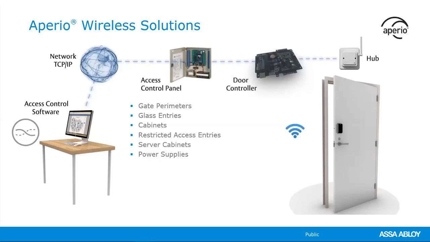From there, it wirelessly communicates to your door lock using 802.15.4. To be clear, this is not Wi-Fi. This is a separate technology closer to Zigbee. And we're going to get into the advantage of that moving forward.